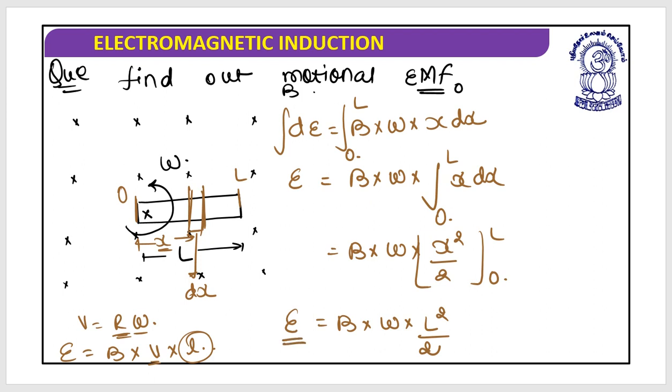This is the motional EMF. I hope this is clear. Please do remember this, it is a very important formula. This motional EMF E for a rod would be equal to B omega L square by 2.